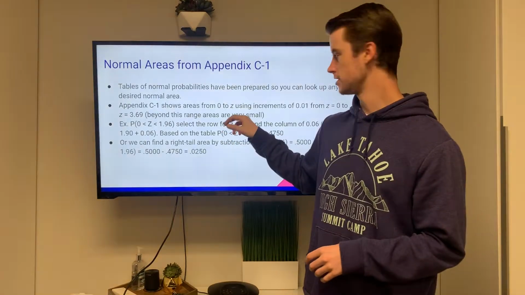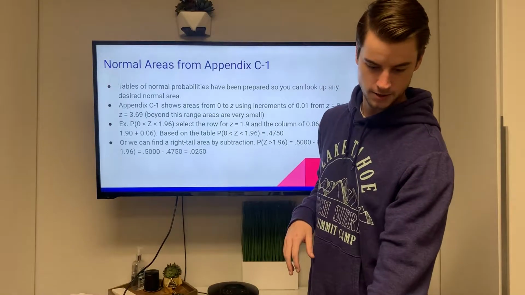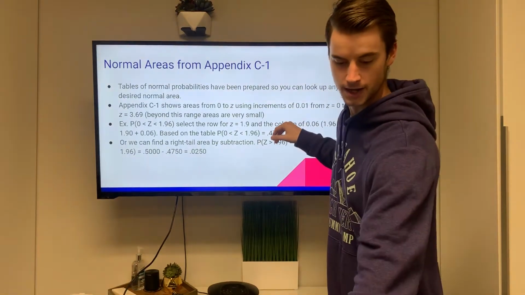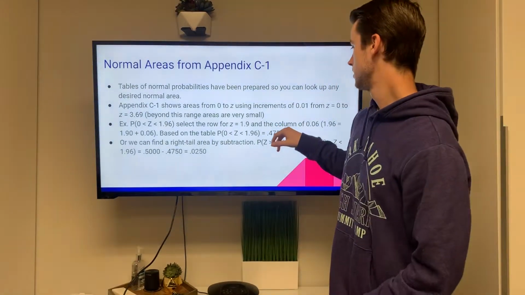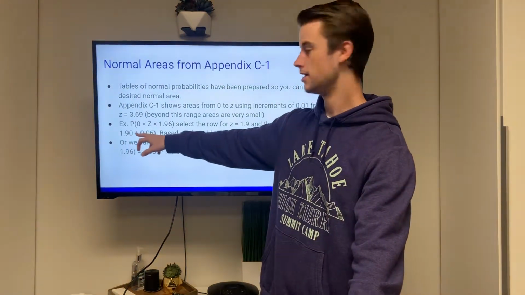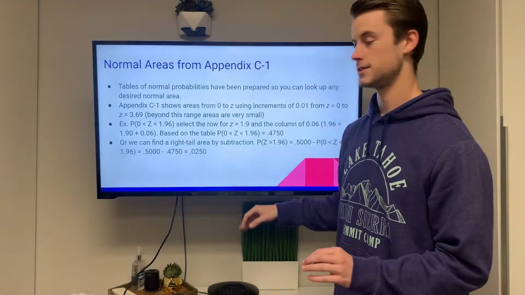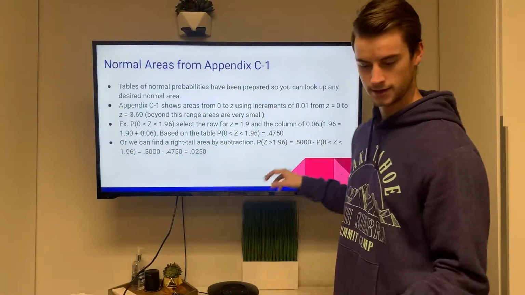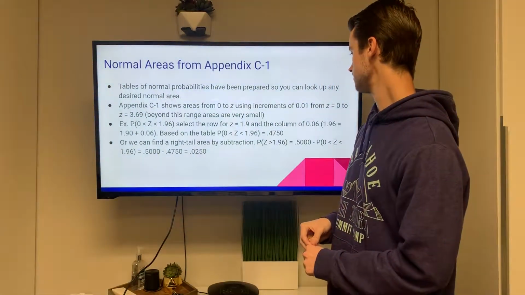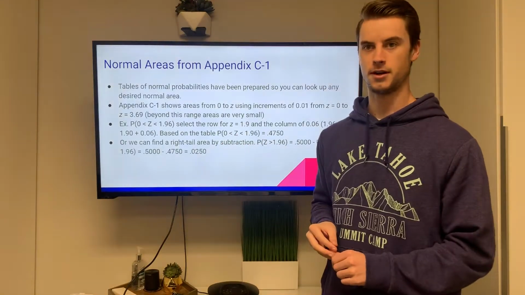You'd find the row of your z-score, 1.9, about halfway down the table, and then select the column up top of 0.06, because that gives you 1.96. Then you find where they intersect, and that's your probability.